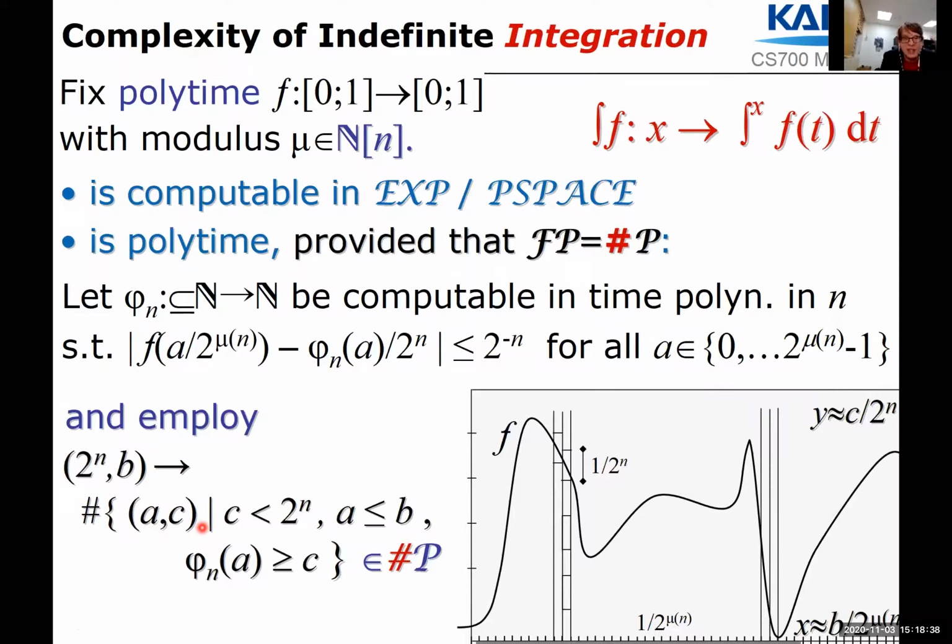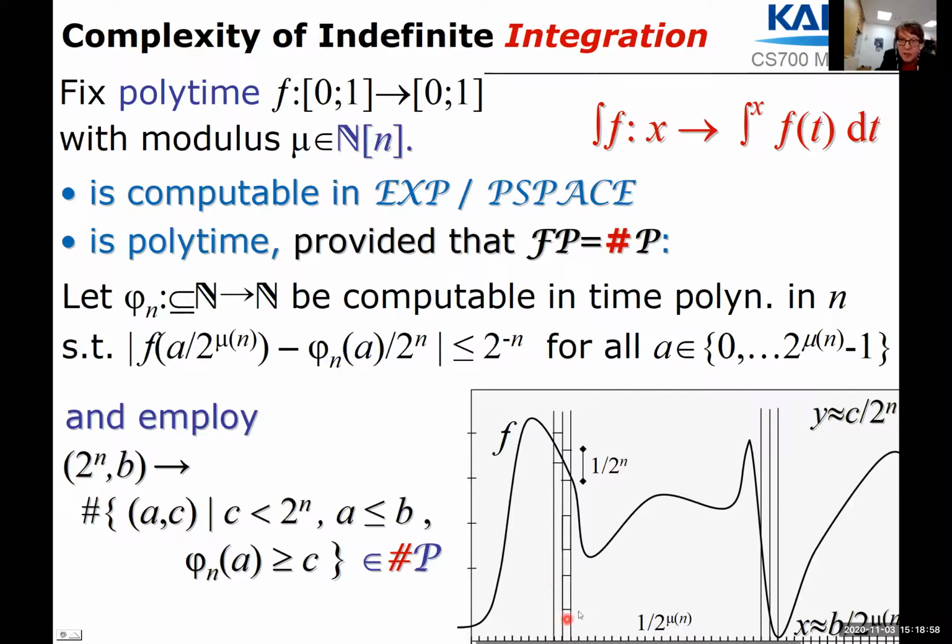And why is that? Well, because let us fix parameter a. Let's say here, this is our a. This is an index to the subinterval we're looking at. And let's count how many c there are such that the approximate function value exceeds c.